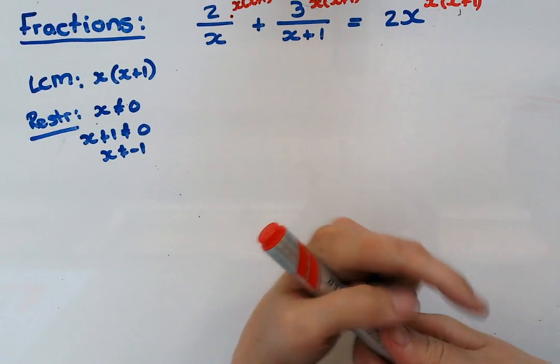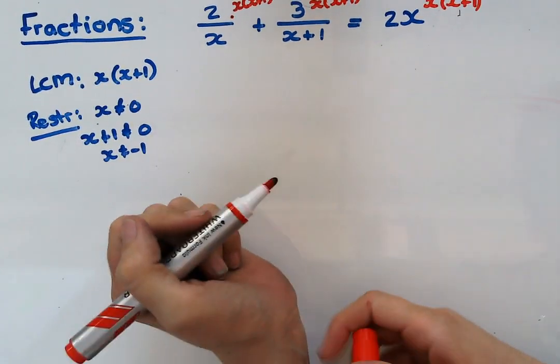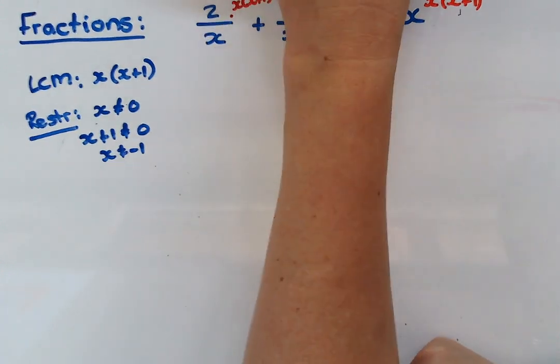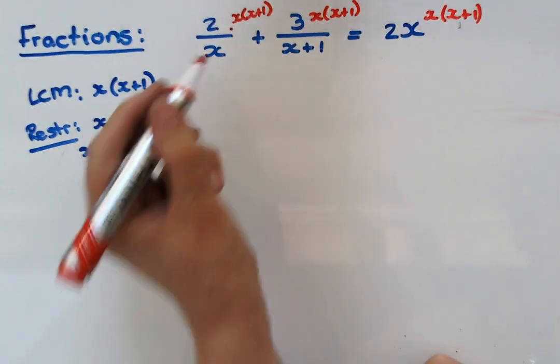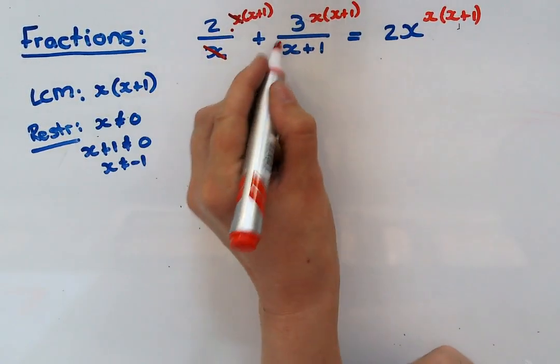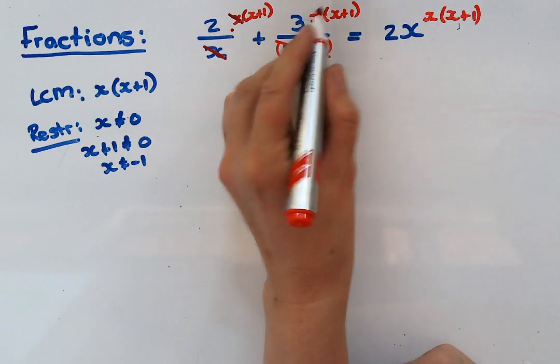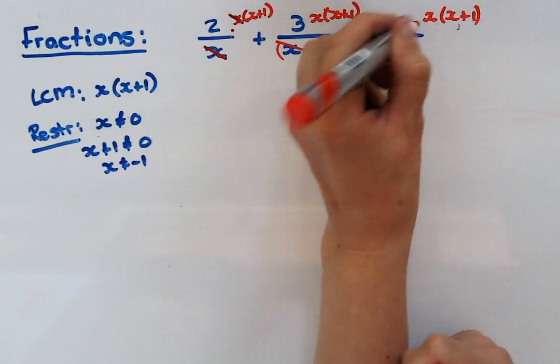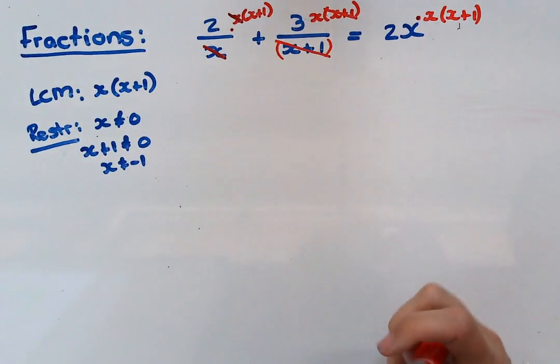If not, then I didn't set up my lowest common multiple correctly, or I multiplied wrong somewhere, right? But this x and this x will cancel, and this x plus 1 will cancel with that x plus 1, right? And there's nothing to cancel, it's just a multiplication problem there.